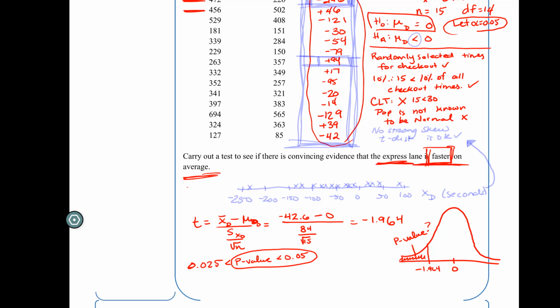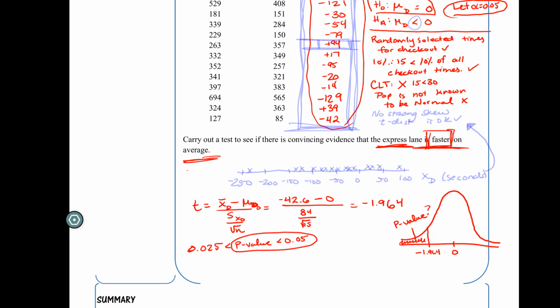Our alpha, we remember from up the top, was 0.05. So sure enough, our p-value is less than alpha. So when our p-value is less than alpha, we reject the null hypothesis. I have convincing evidence that the express lane is indeed faster, on average.